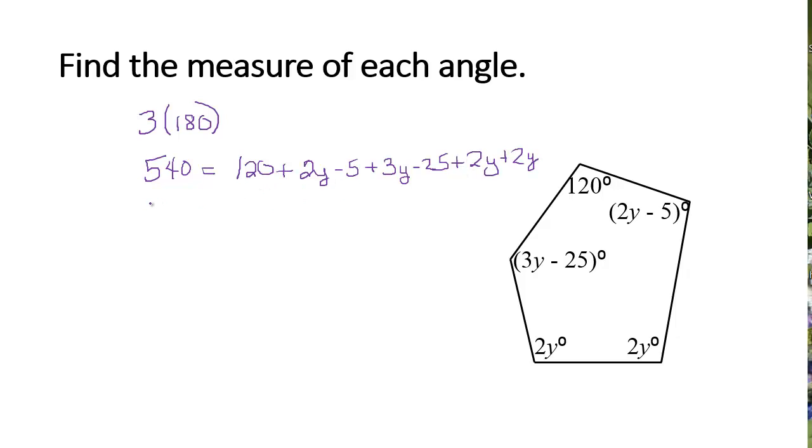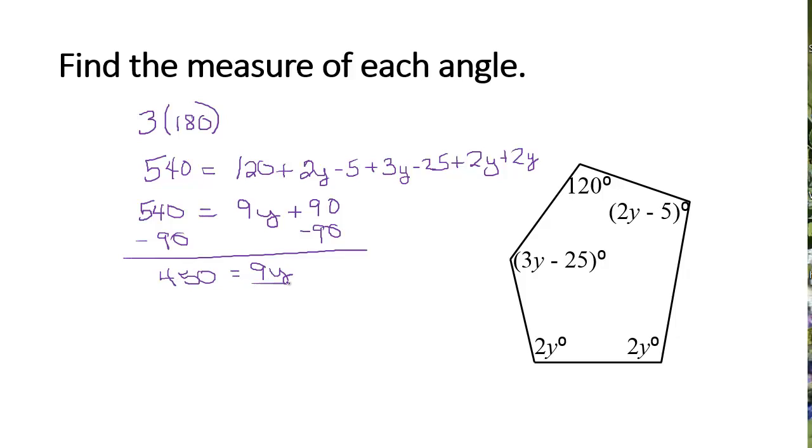Combining like terms on the right side, we get a total of 2 and 3y is 5y, 7y, 9y. And 120 minus 5 is 115, minus 25 is 90. So if I subtract 90 from both sides, 9y will be equal to 450.